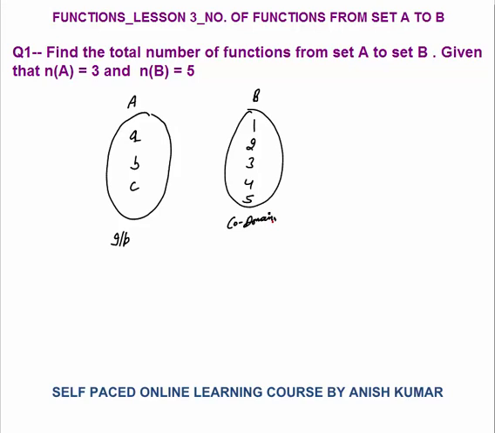Now in books it's very confusing to find the total number of functions, but I will tell you the simplest method. Number of functions from set A to B simply means the number of ways of putting balls into boxes.